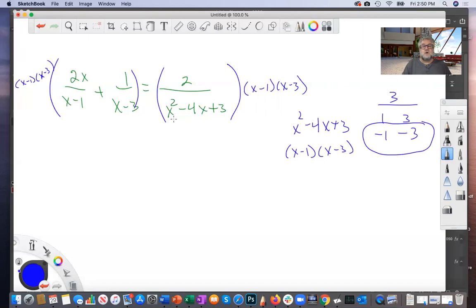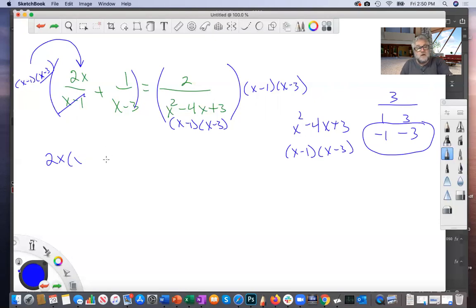So I can rewrite this x minus 1 times x minus 3, but it doesn't matter because it's going to get canceled out. So when I multiply into here, the x minus 1 is going to cancel with this one, and we're going to leave behind an x minus 3. It's really important you get that.